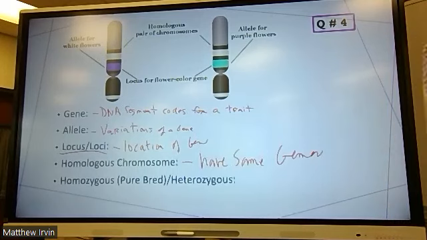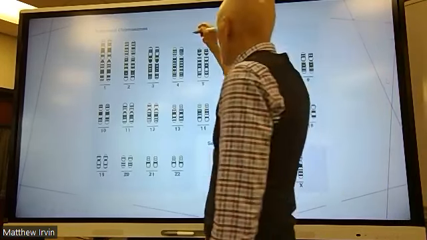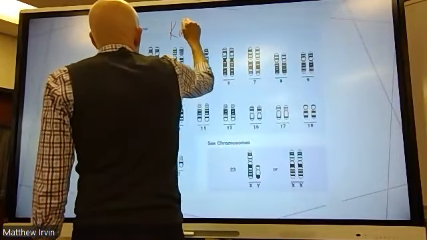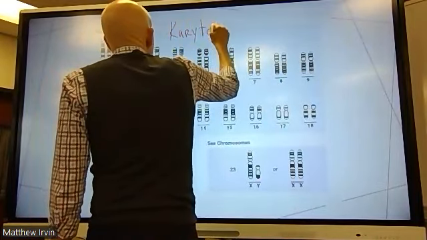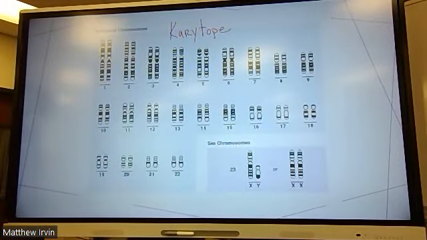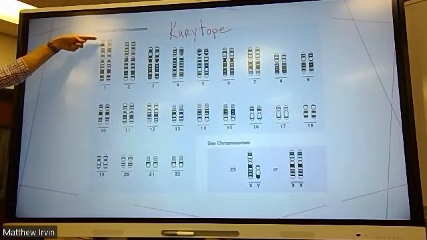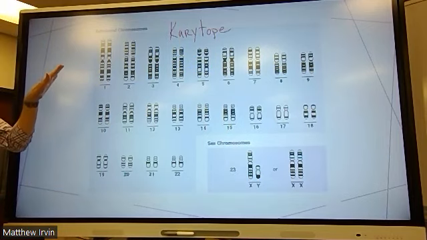When we talk about homologous chromosomes, we can see this. This is a karyotype. This is simply a picture of an individual's chromosomes. And we see that these two chromosomes have the same length and the same banding pattern. That's what makes them homologous. The banding pattern is from stains that they use to stain the chromosomes.